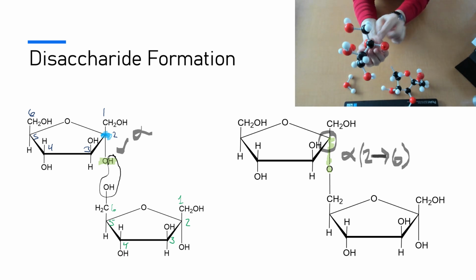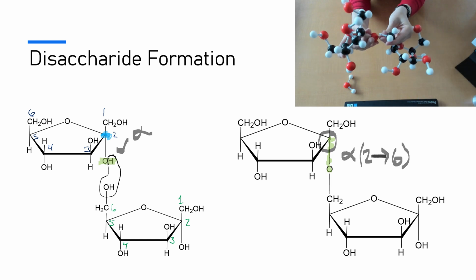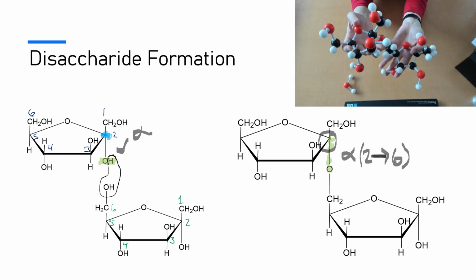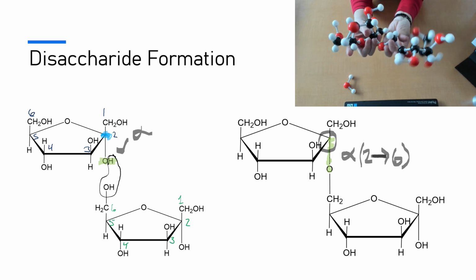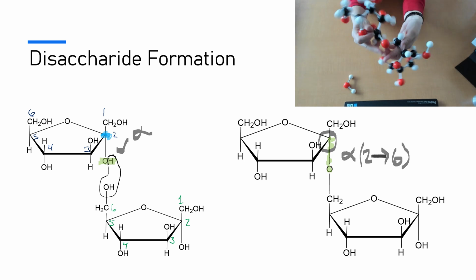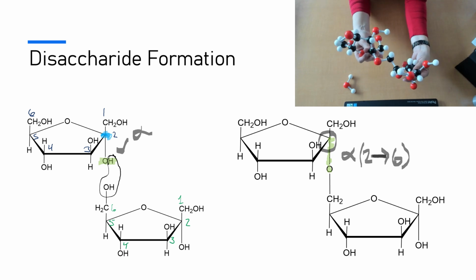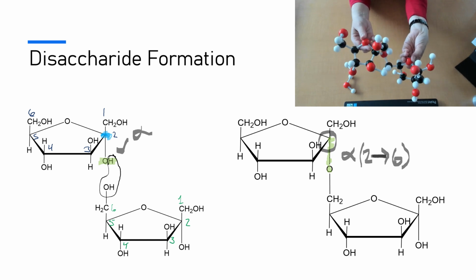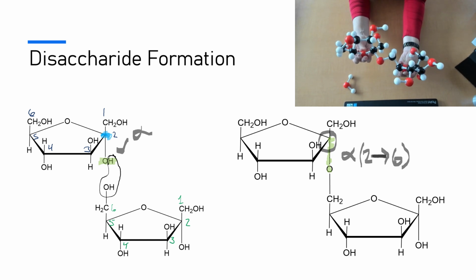So now that OH group that is on the anomeric carbon can bond to carbon 6 of the second monosaccharide, creating an alpha glycosidic linkage. And you can see that in this linkage that the molecules are stacked. What's important is to notice that I have the oxygens that are in the ring up together so that they're oriented correctly.